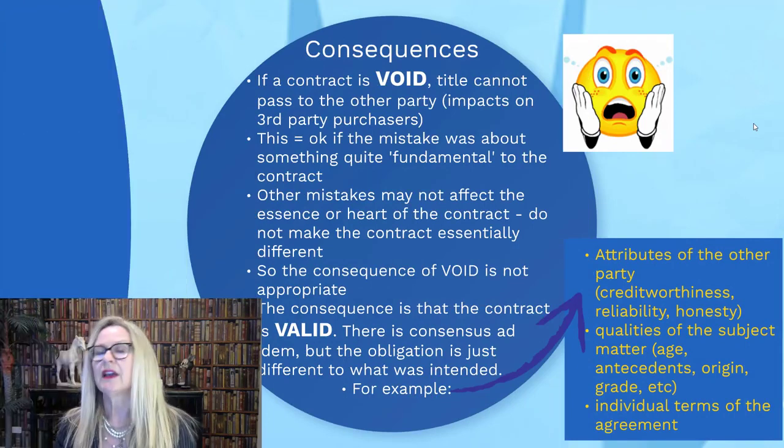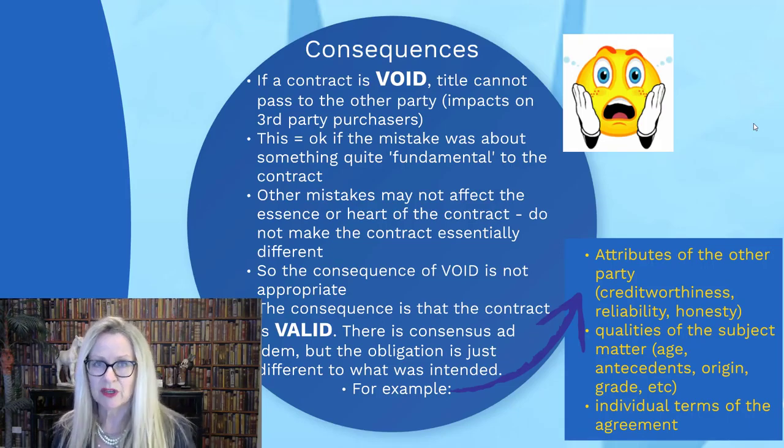So the drastic nature of this outcome really means that a common law court will look very, very carefully at the nature of the mistake that was made, and they will demand that the nature of that mistake be about something quite fundamental to the contract. It goes to the essence or the root of the contract. Other mistakes around the edges probably won't qualify or be successful in an argument of mistake at common law.